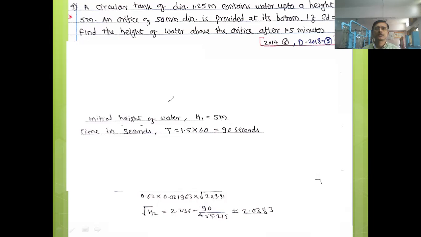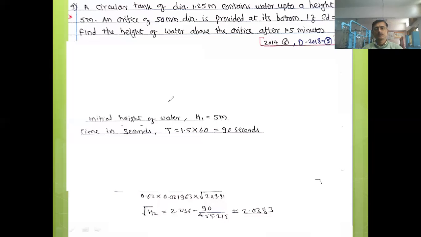An orifice of 50 mm diameter is provided at its bottom. If CD is equal to 0.62, find the height of water above the orifice after 1.5 minutes. This is the problem.